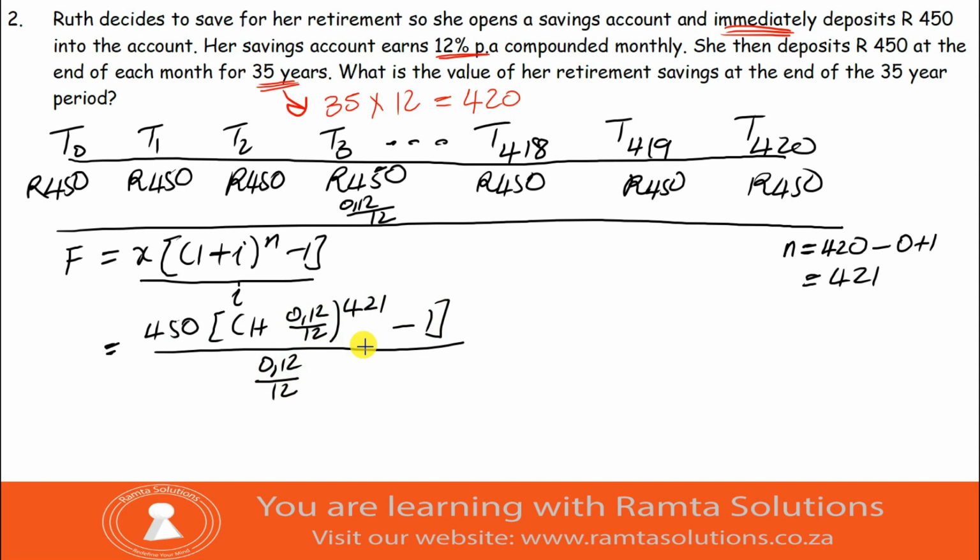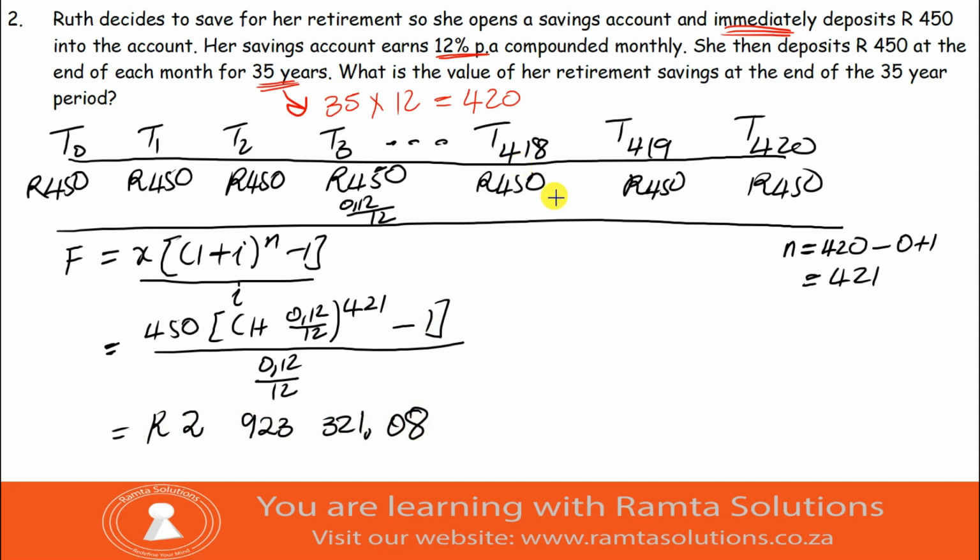He said she's making 421 installments. Okay, let's see. Now our answer, she is getting 2 million rand, yeah, 2,923,321 rand and 8 cents.